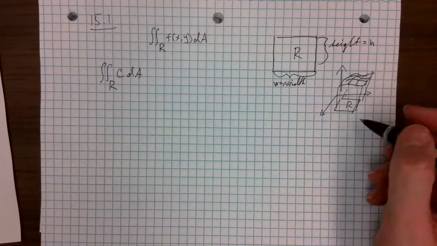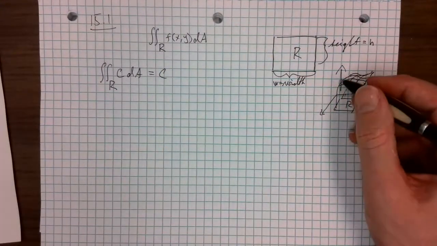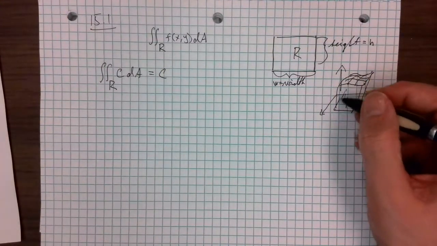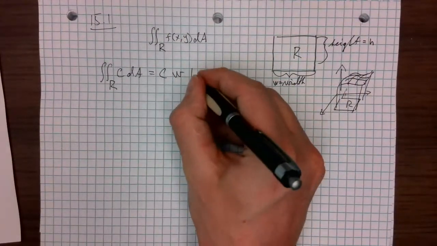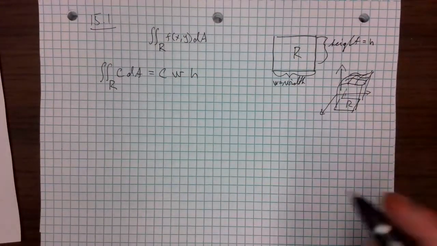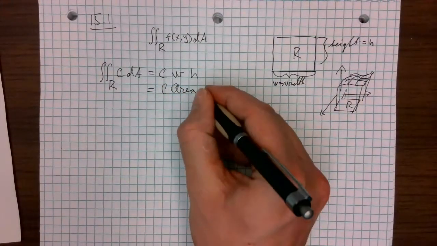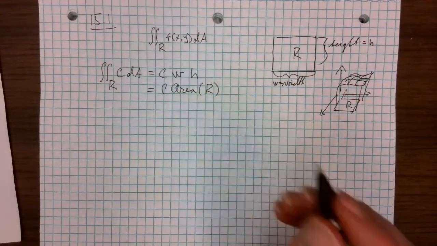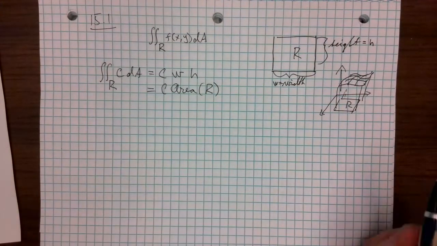So this is c, the side of the box, times width times height. So it's just c times the area of R. Okay, well that's simple enough.